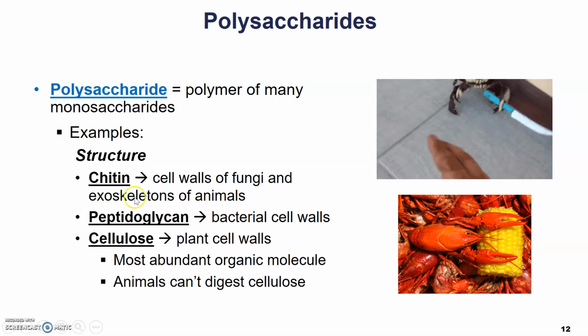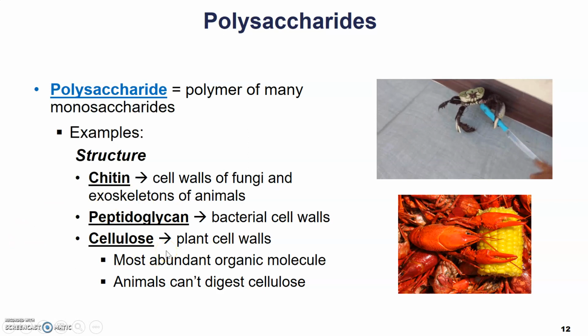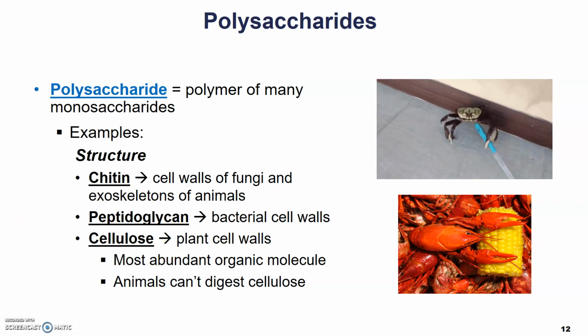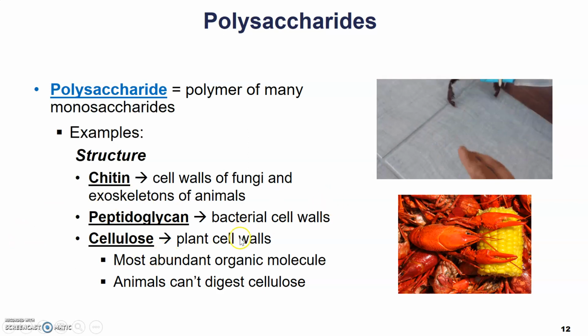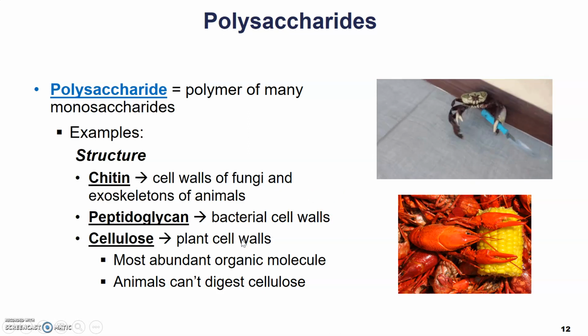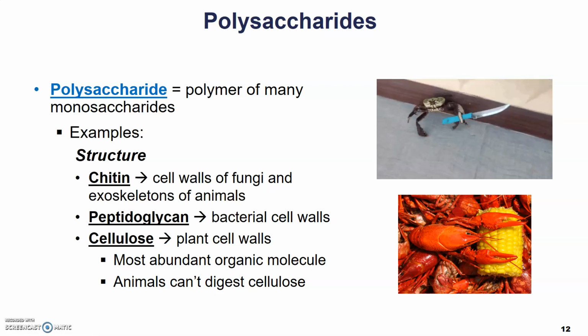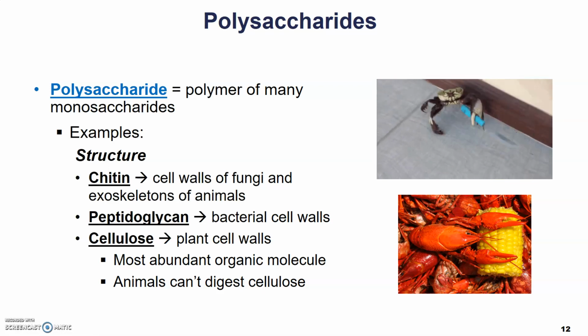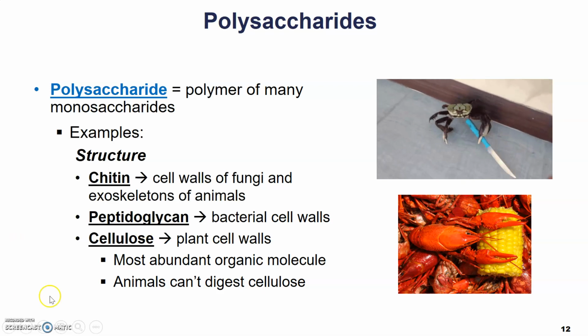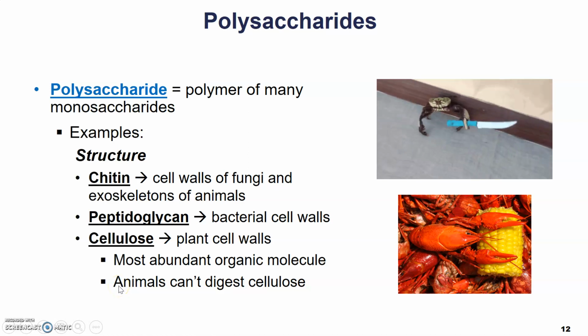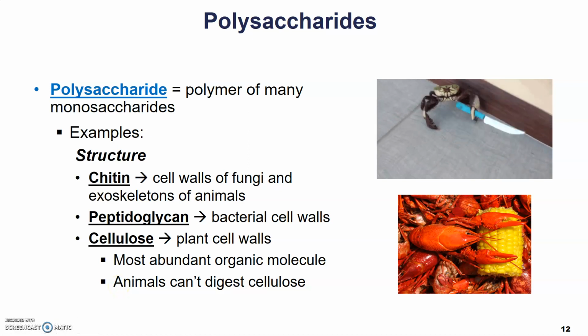And finally, cellulose is a complex carbohydrate, or a polysaccharide, that makes up the cell walls of plants. And cellulose, because plants have been so successful on Earth, is actually the most abundant organic molecule on Earth.